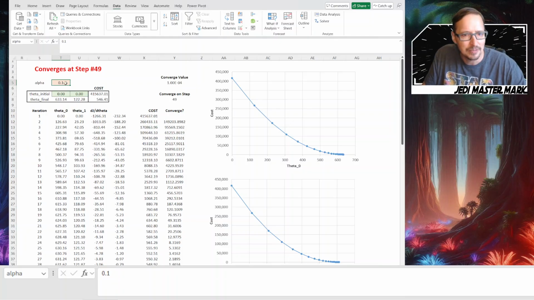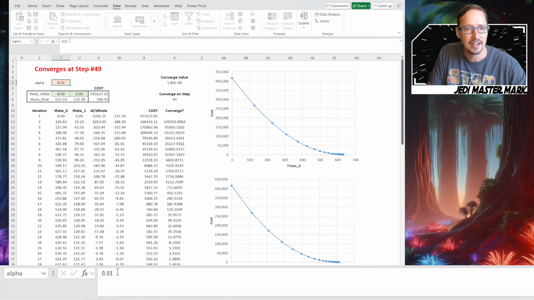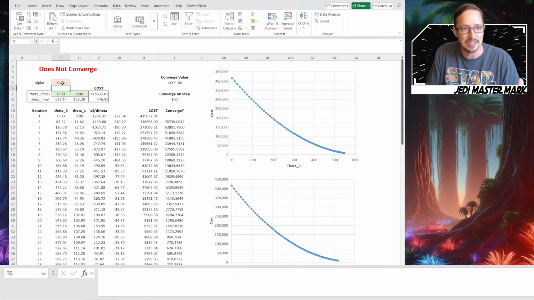So what happens if we start to change alpha? Many times, people will set it to a really low value so that it progressively gets lower and lower, but you can see here that it no longer converges within 100 steps. So certainly there's some impetus to start to increase it, right?